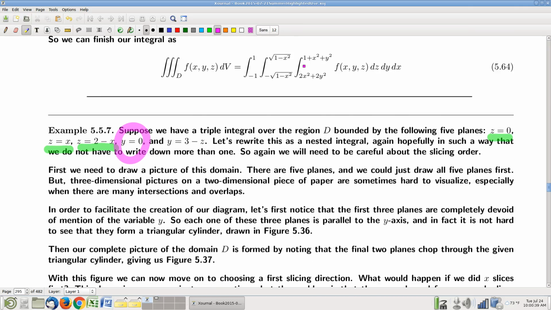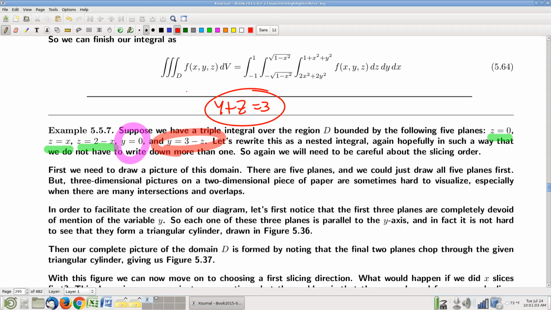The last plane is y equals 3 minus z, or let me rewrite that as y plus z equals 3, if you prefer. What's that look like? Y plus z equals 3. Well, hey, no x's. All right, so this is a plane parallel to the x-axis.